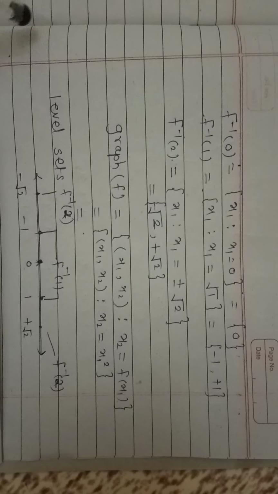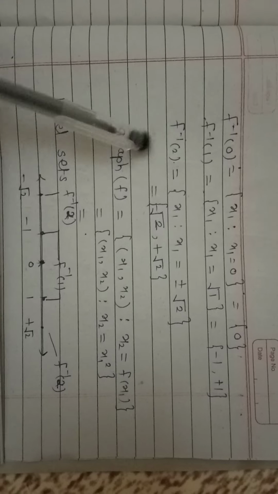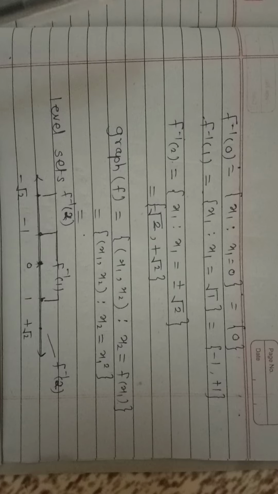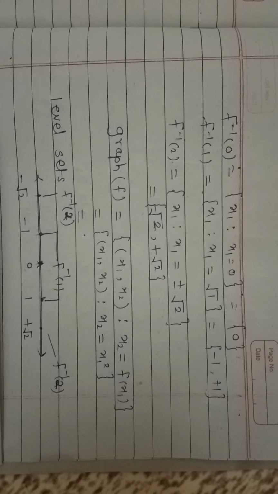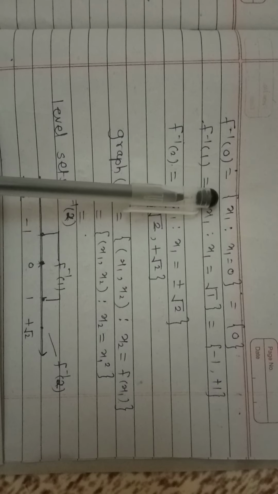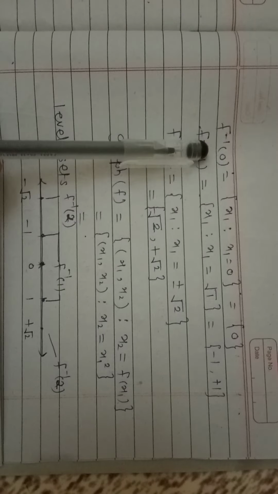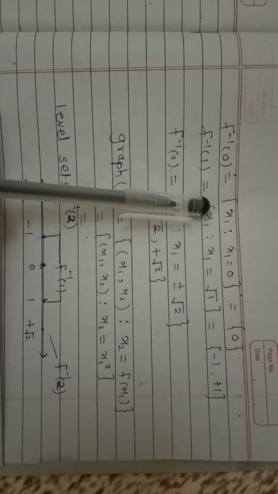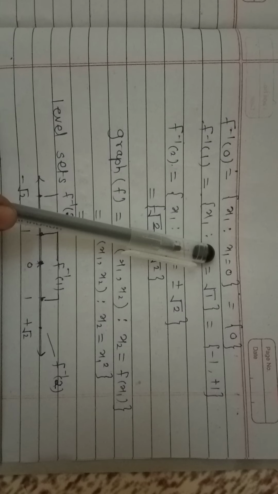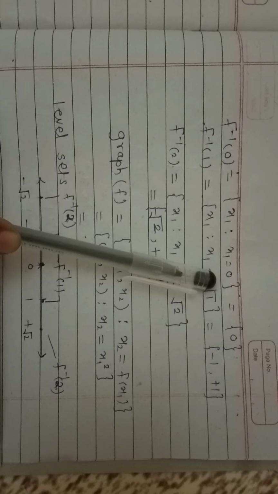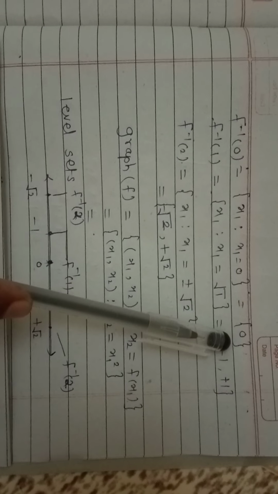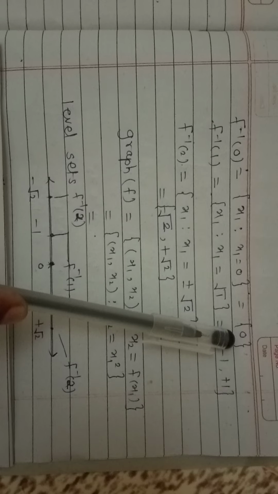So now we have to sketch for c equals 0, 1 and 2. So put these values for c in that equation. So f inverse of 0 is the set of all x1 such that x1 equals 0, the singleton 0. We get a singleton 0.